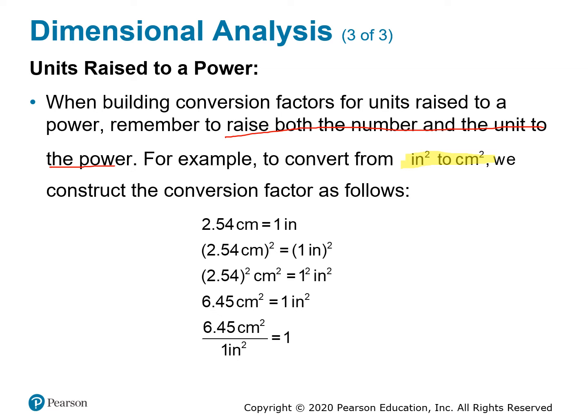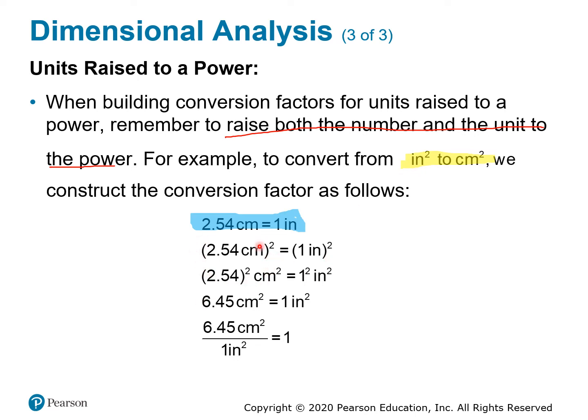The first equation here is 2.54 centimeters is equal to 1 inch. I already know that from the equality. Now, it's asking me in square inches, so I'm going to square both the quantities.